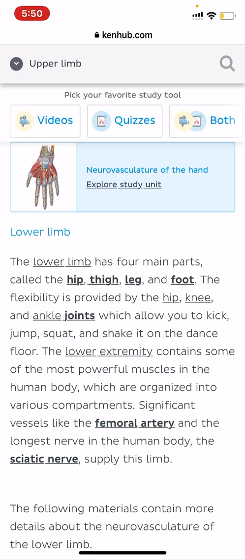The lower extremity consists of some of the most powerful muscles in the human body, which are organized into various compartments. Significant vessels like the femoral artery and the longest nerve in the human body, the sciatic nerve, supply the limbs.